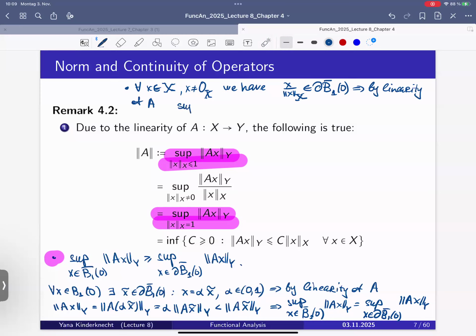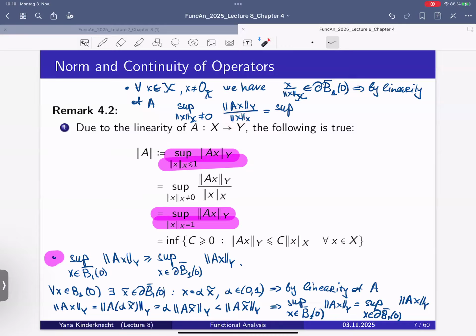The supremum over norm of x not equal to 0 of the norm of Ax in Y over the norm of x in X. Using the properties of the norm, this one is just a number, so I can put it inside the norm, just here.